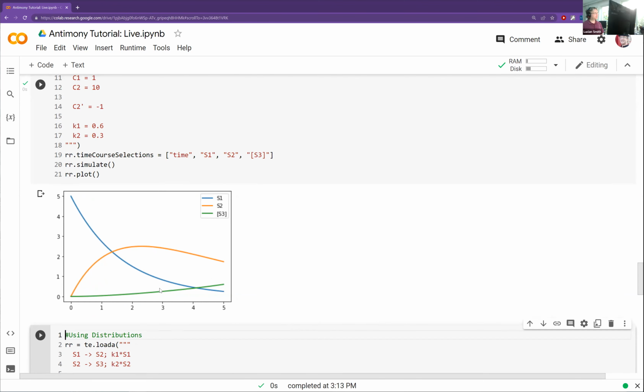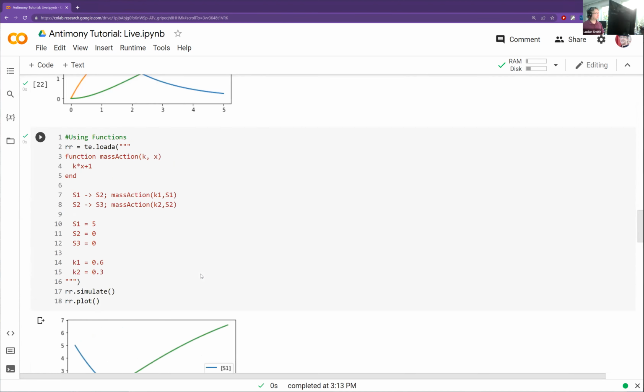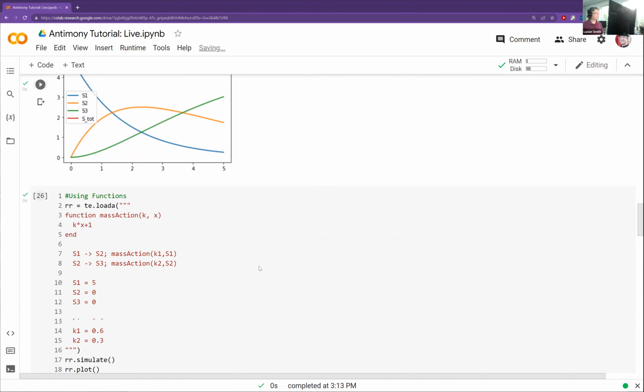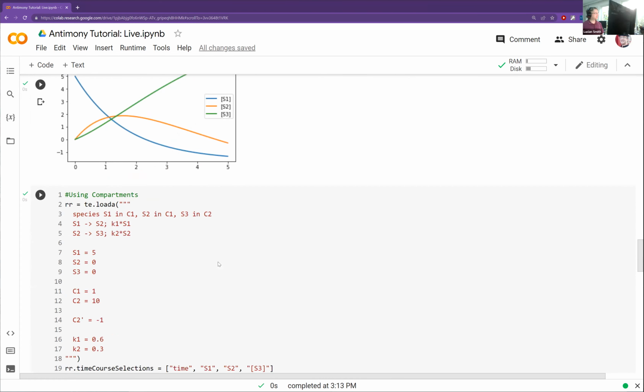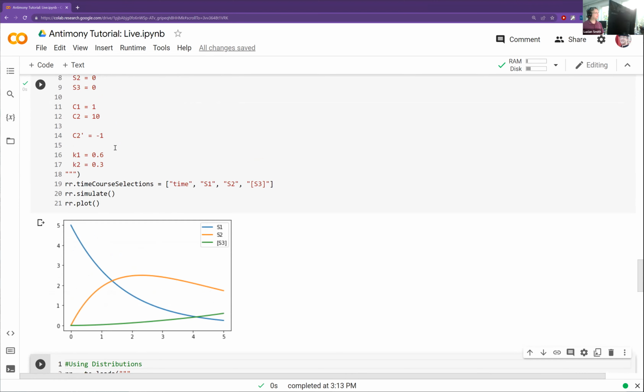So now this green line looks almost like a cross between what it looked like in the standard model. In the standard model, it was going up to here. It would eventually reach 5. When we said that it was going into a compartment of volume 10, it went way down to that. So now it's sort of halfway between.